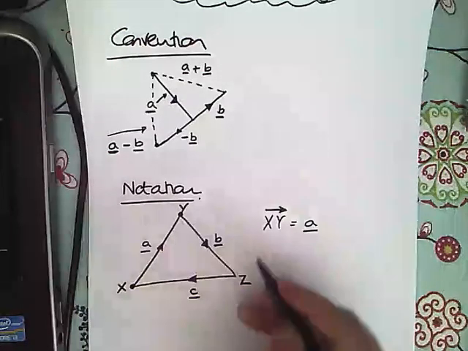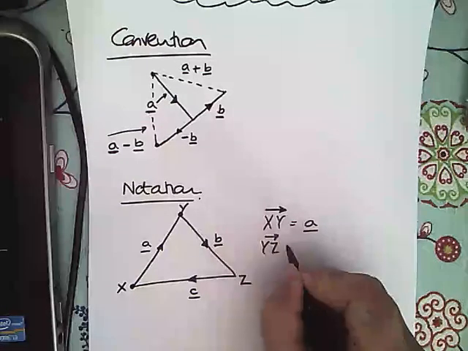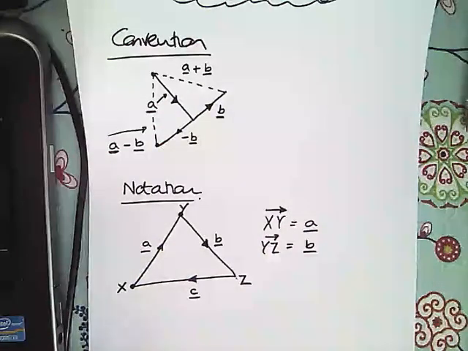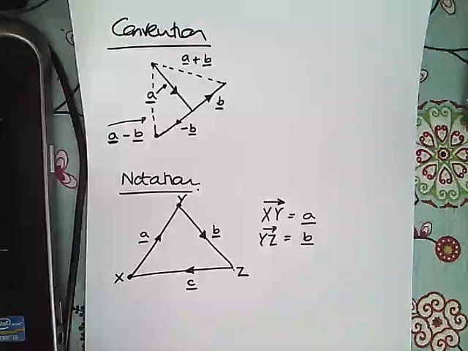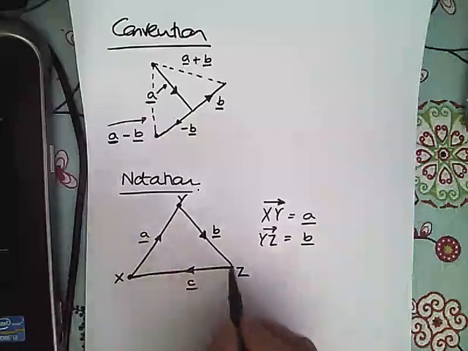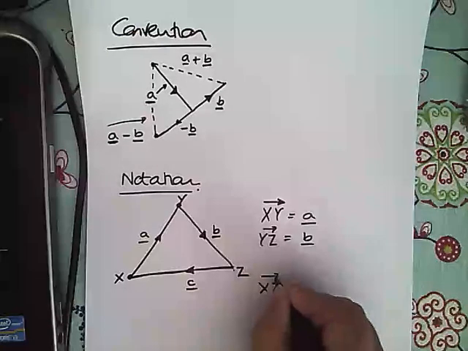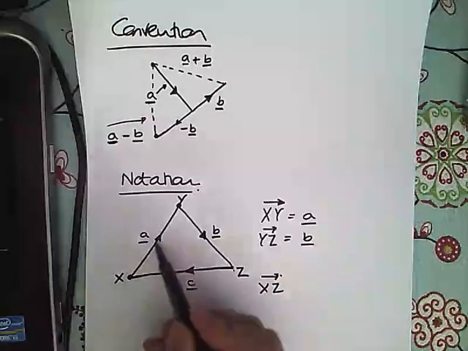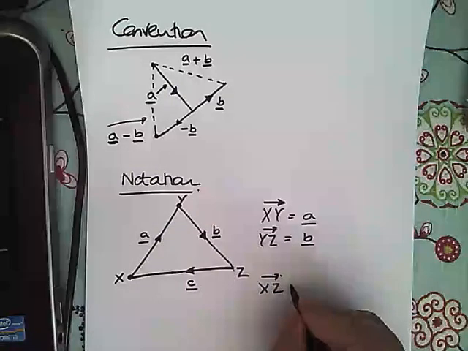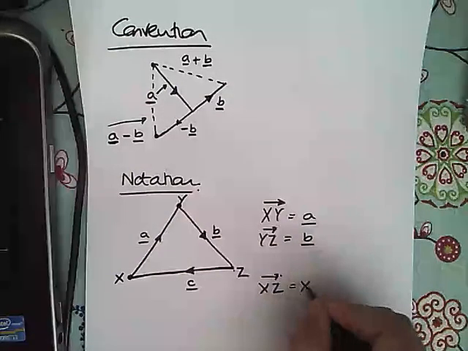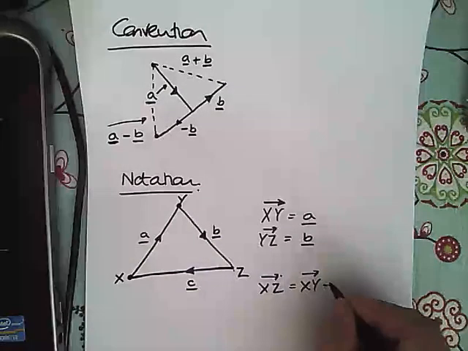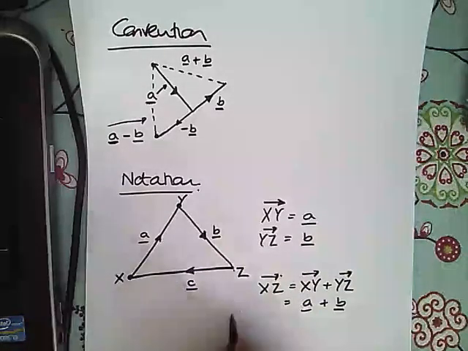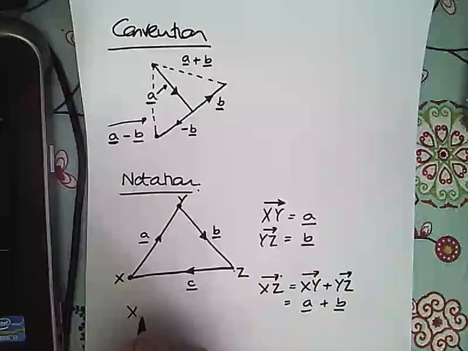If I was to go from Y to Z, I'm going the correct way along B, so that would just be a normal B. And if I wanted to describe the vector XZ, so this journey along here, in order to get from X to Z, not necessarily going along this most direct route, I would go along A and then along B, or I would go from XY to YZ with my vectors A plus B, and on this diagram that is also equal to C. Actually, it's not, is it?